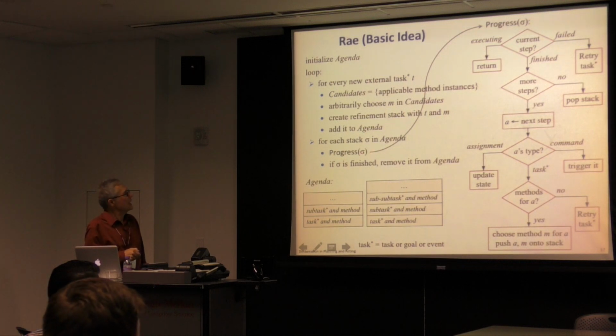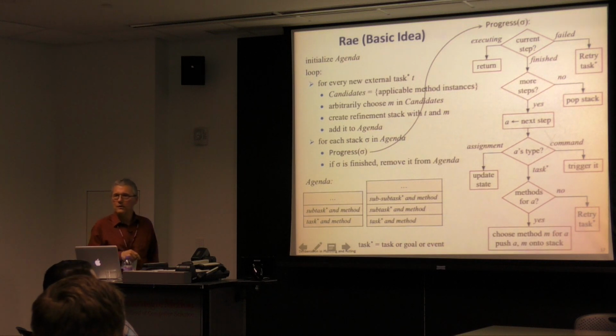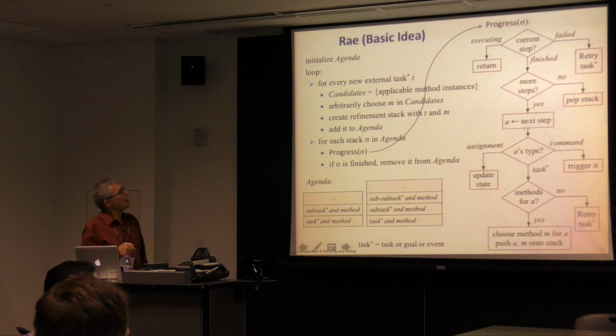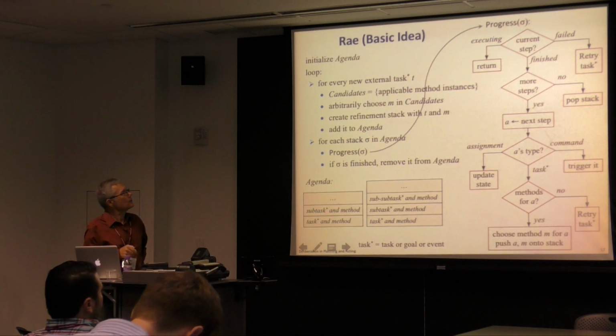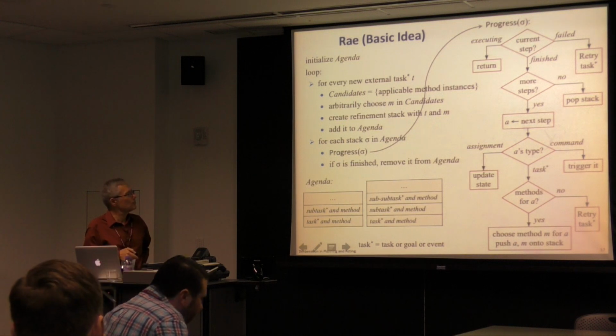So, progressing a stack, what does that consist of? There's some complicated pseudocode for that in the book, but basically it's a simple decision tree. Looks like this. You have your stack, you look at the current step that you've sent to the execution platform.